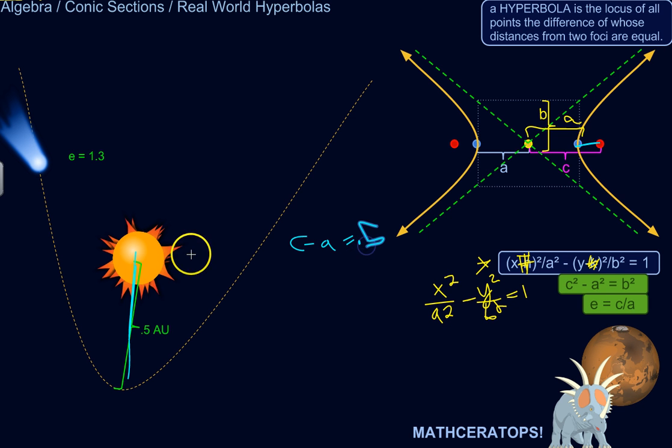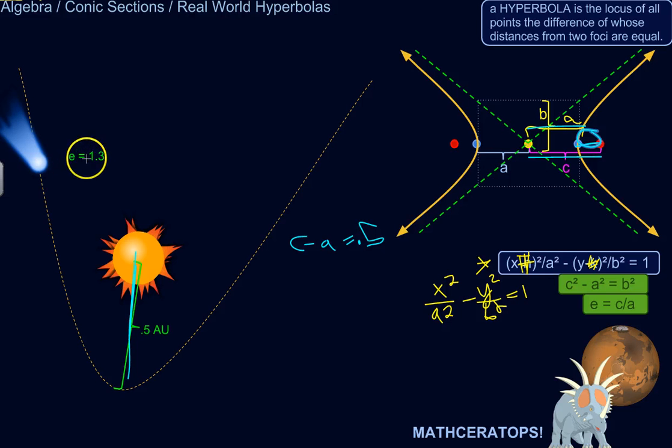We'll do all this in terms of astronomical units just to keep the number simple. So c, this distance, minus this distance, is what we're saying. What else do we know?